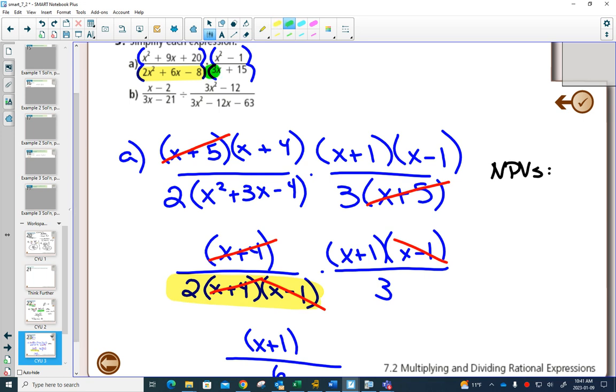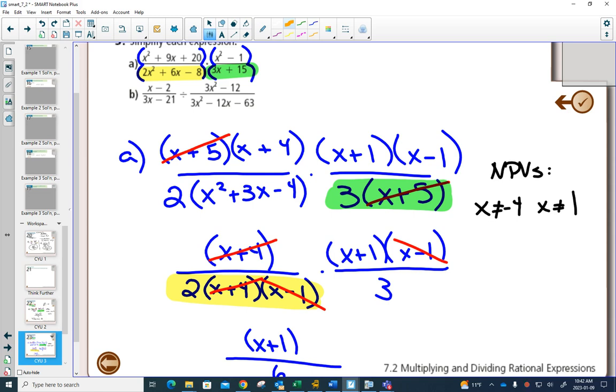This one I'm going to highlight in green, but it wasn't fully factored until here. Fully factoring also helps you with your non-permissible values. So where the yellow one is equal to 0 is the same place as where this one is equal to 0. And in the yellow one, can you see that x can't equal -4 and x can't equal +1?